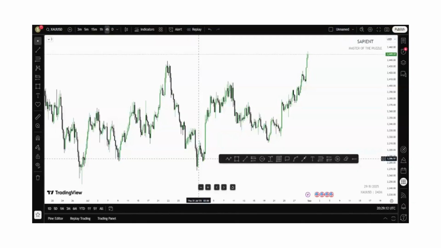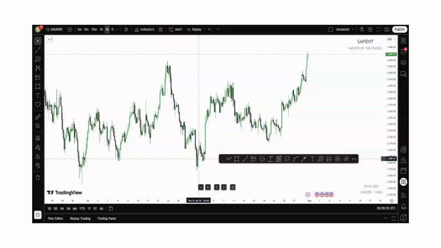So what do we mean by technical analysis, right? Technical analysis, by dictionary meaning, is a method of predicting the future direction of prices in financial markets by studying past market data. So in technical analysis, we study market data, right?